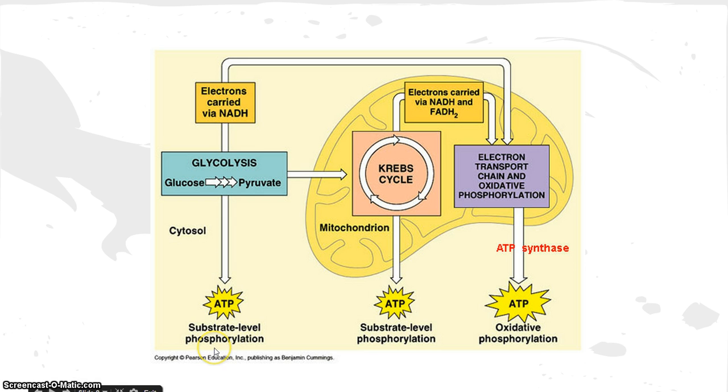We're also going to be making NADH, which remember is your electron carrier, and your electron carriers are going to be used in the electron transport chain here. Now, because you make two pyruvates, we're going to go twice around the Krebs cycle, and we're going to make one ATP for each turn, but we make a total of two, and we made NADH and FADH2 for the electron transport chain and oxidative phosphorylation.